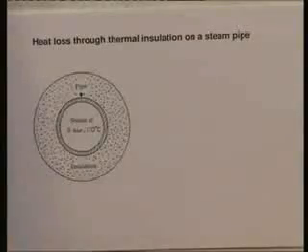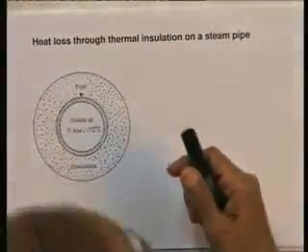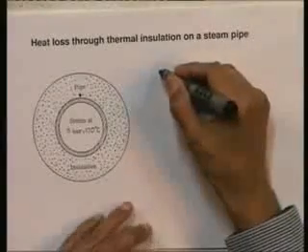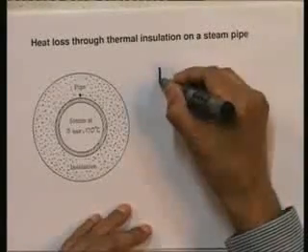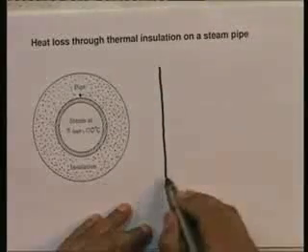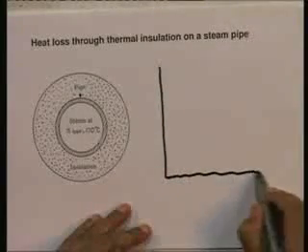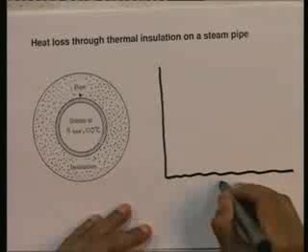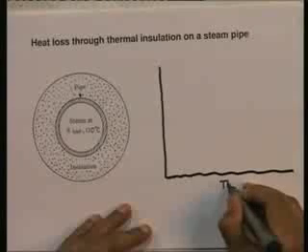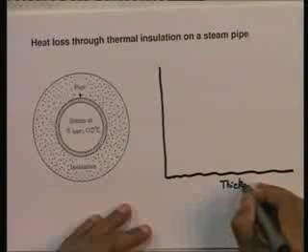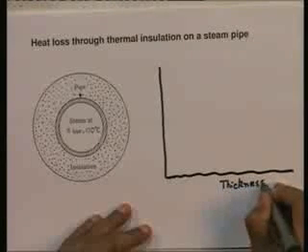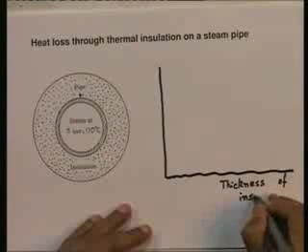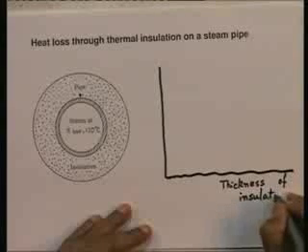Now, let me just draw a sketch so that we will understand things better. Let us say, let me draw a graph. Let us say, in this graph, on the x-axis, I have the thickness of insulation, which is put around the pipe.